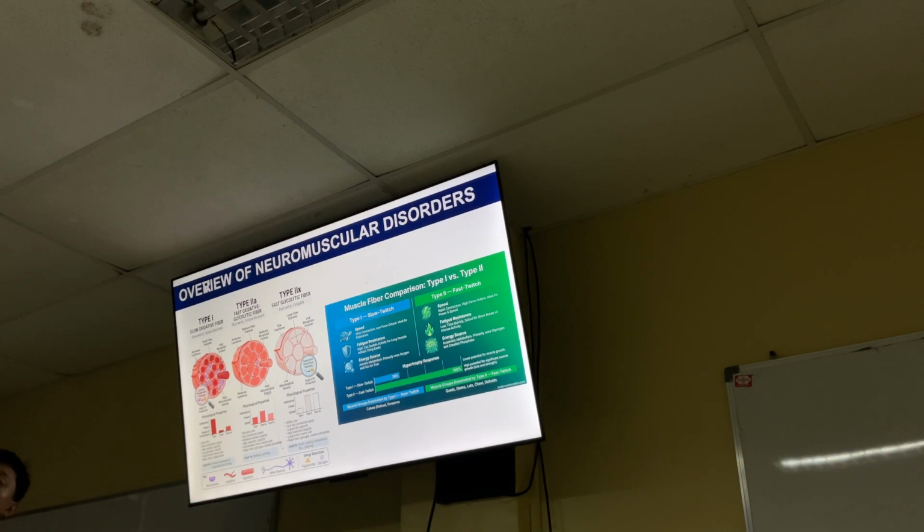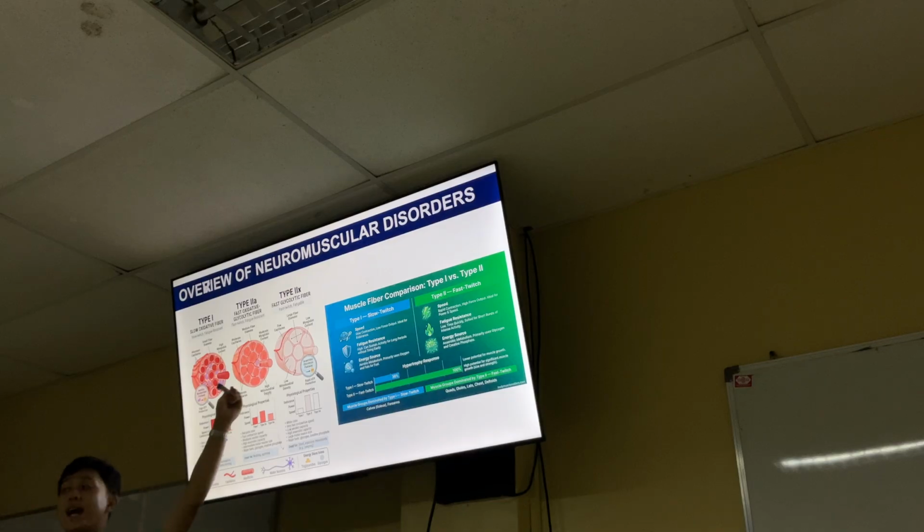So, if you do forceful activities that will use a lot of energy, usually you're using your type 2 muscle fiber. Okay? Usually, the basic nature of muscle contraction uses what? Forceful use of your muscle.